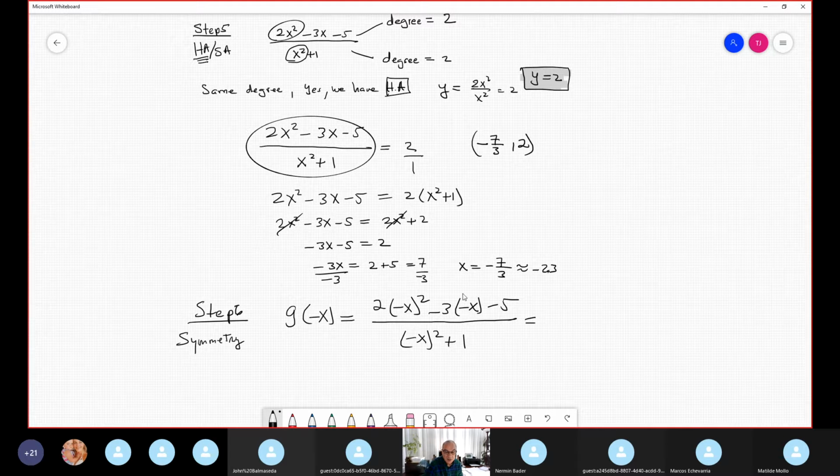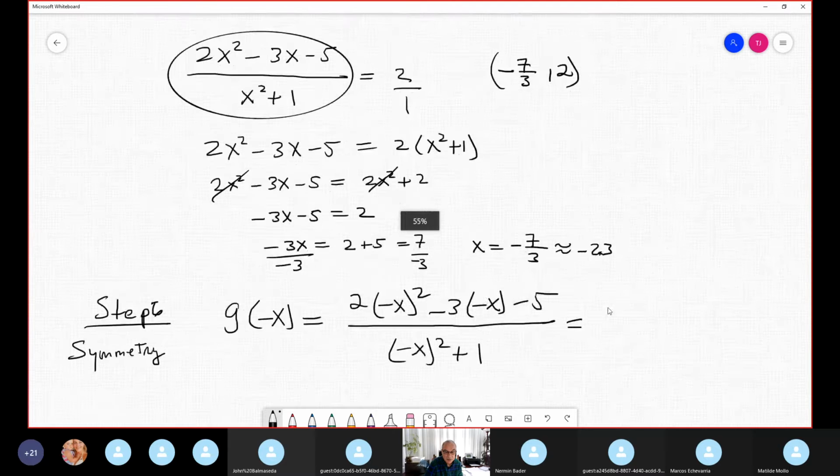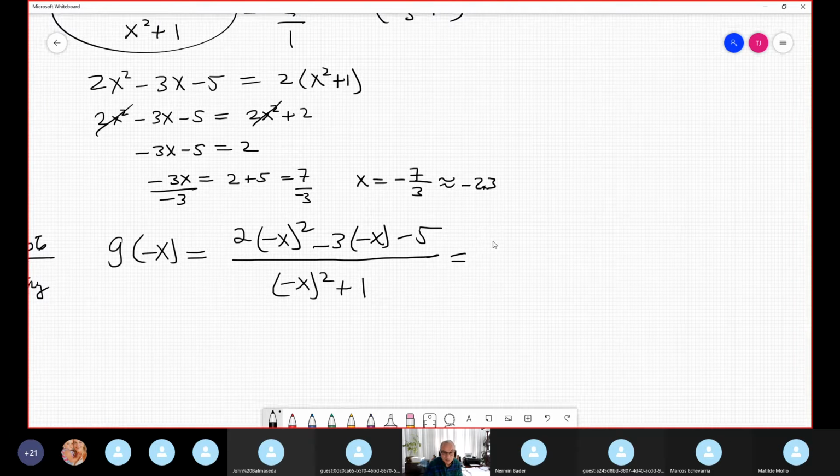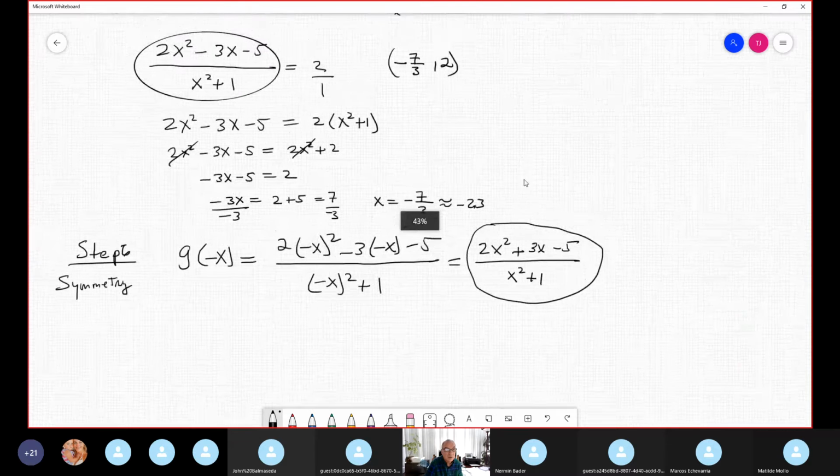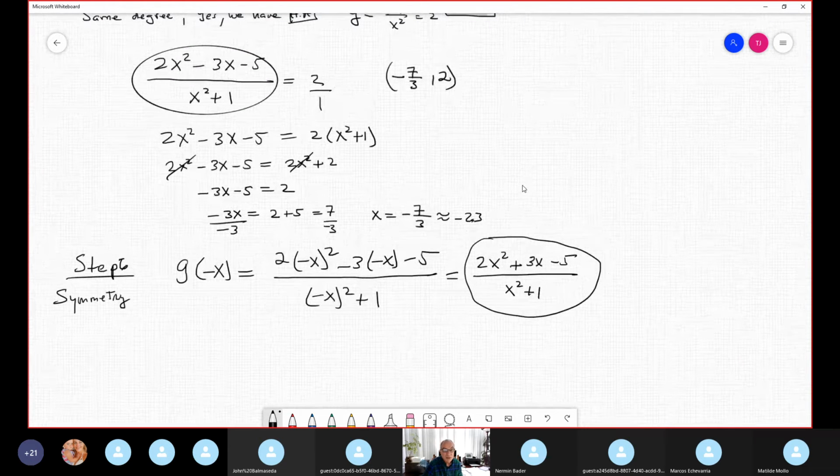When the exponent is an even number, it's positive. It's 2x squared, plus, with the double negative being positive again, minus 5 divided by x squared plus 1. And we compare this and this with the original. Look, this and this, this and this. It's not identical.